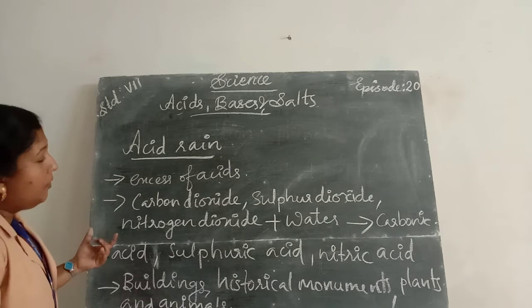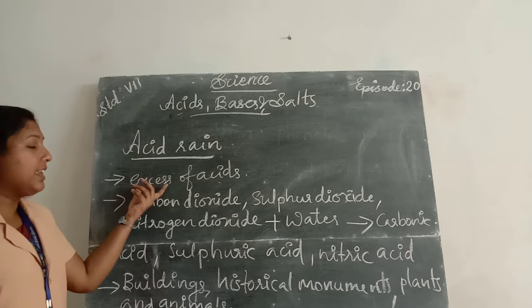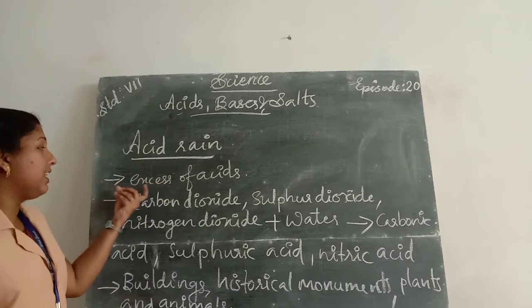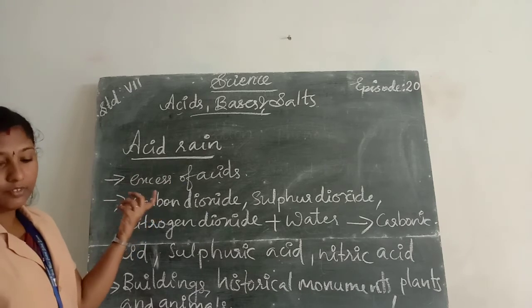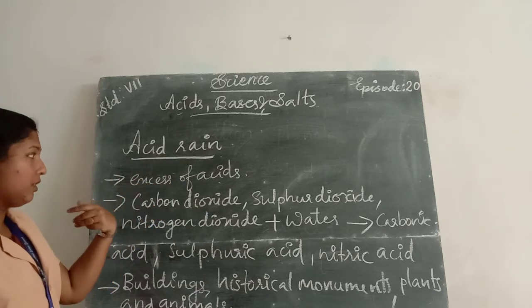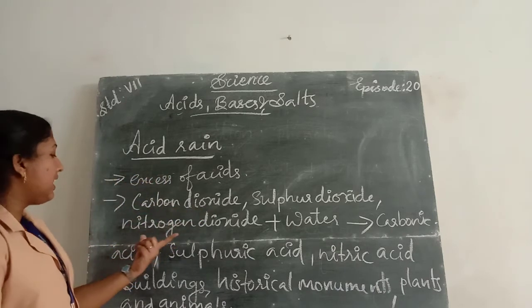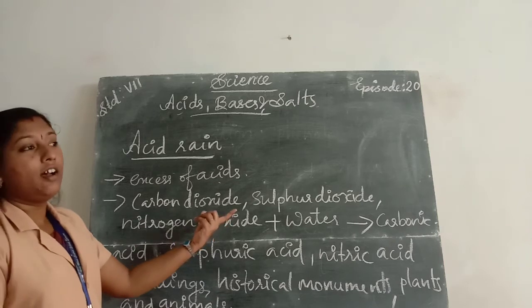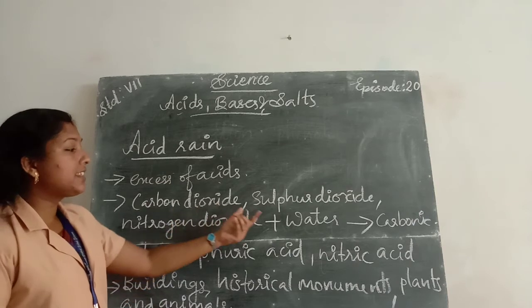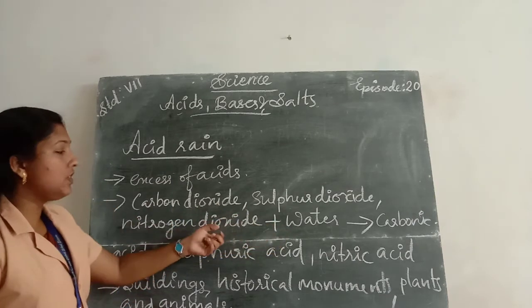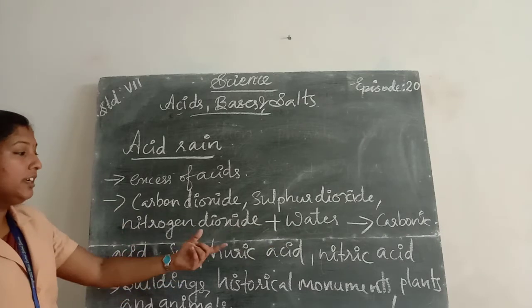Okay, all of you listen. Once again about acid rain. What do you mean by acid rain? The rain containing excess of acids is called acid rain. The rain becomes acidic because carbon dioxide, sulfur dioxide and nitrogen dioxide are present as pollutants in the air, which dissolve in the rainwater and form carbonic acid, sulfuric acid and nitric acid.